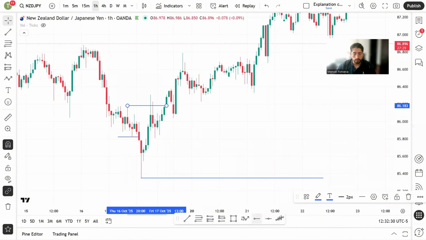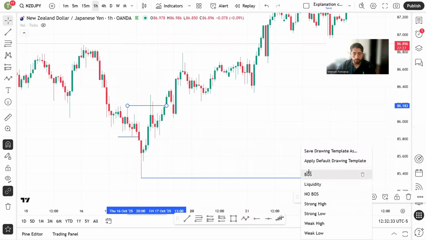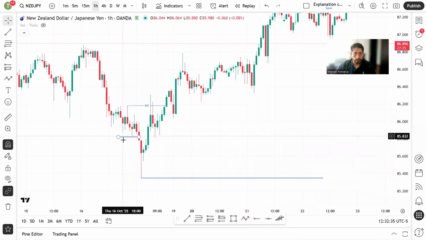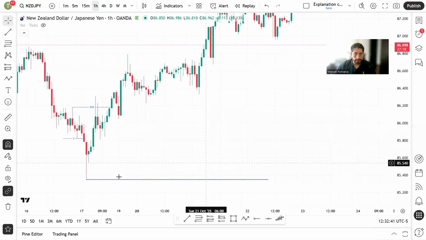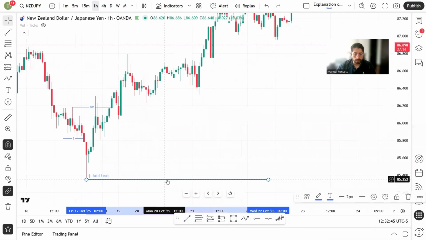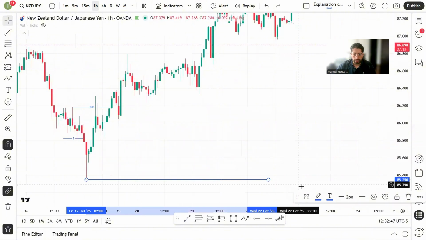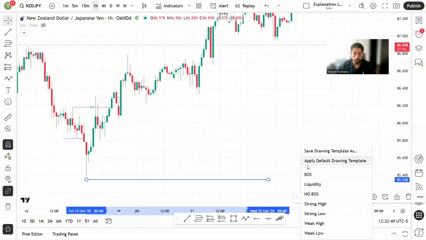So now we could determine that this is a proper BOS, break of structure. This, of course, is the liquidity taken, or the liquidity sweep. And this low will become our strong low. It means that this low will likely be respected until the change of the trend.